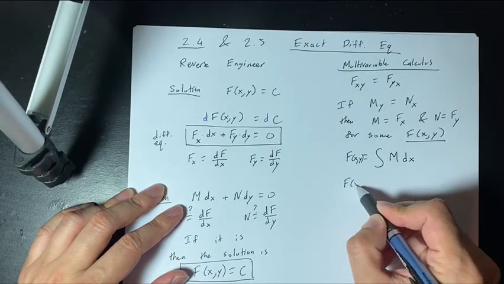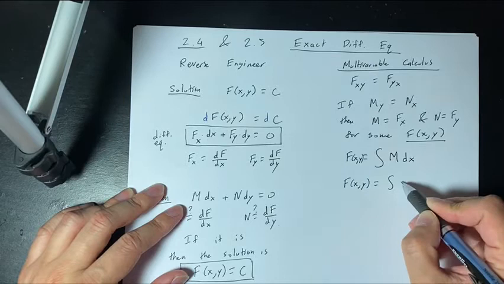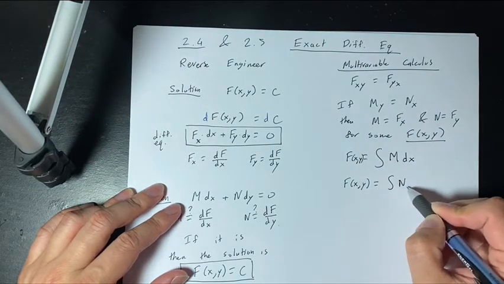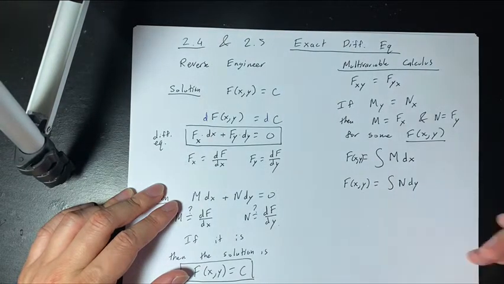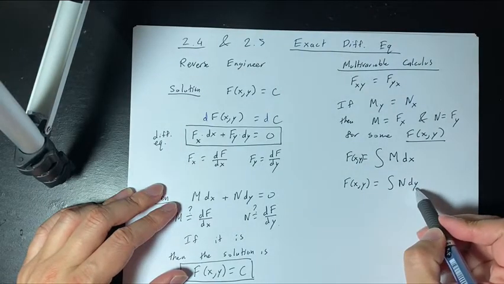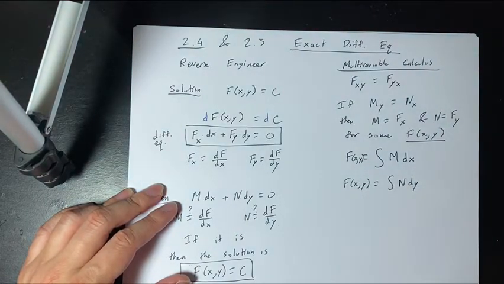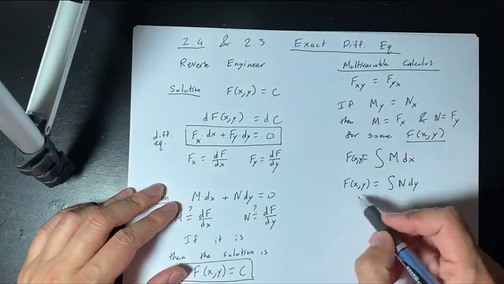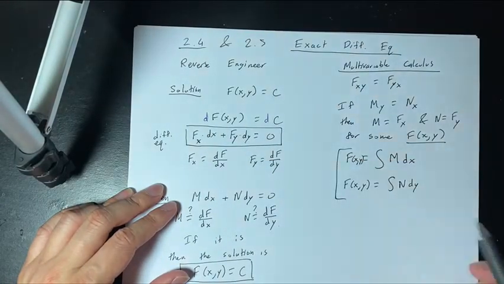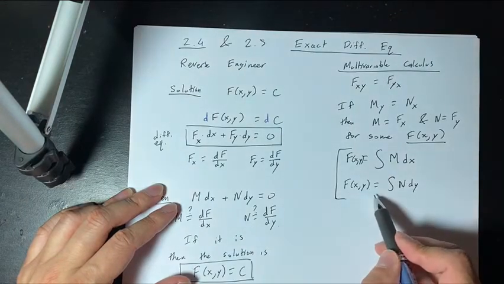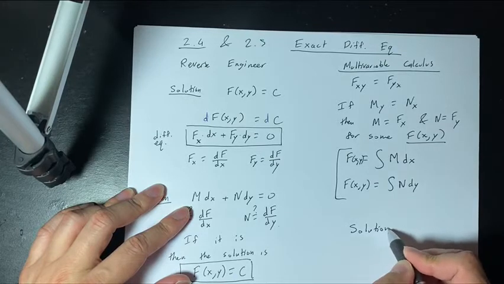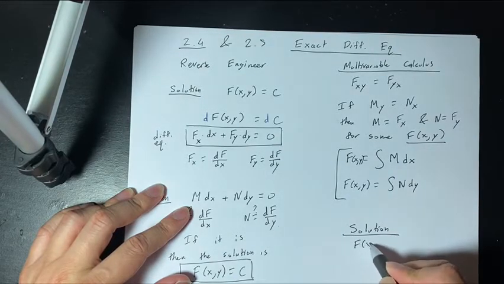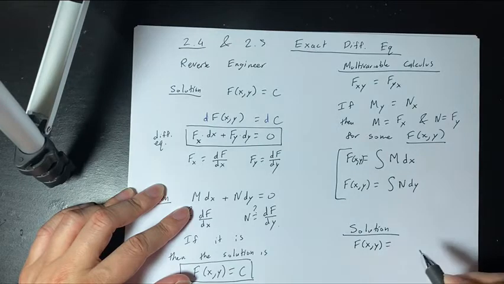You get back F of x, y also by taking the antiderivative of N with respect to y. And this will allow us to combine both pieces together to really get our capital F of x, y. And our final solution, the general solution of this, would be of this form.